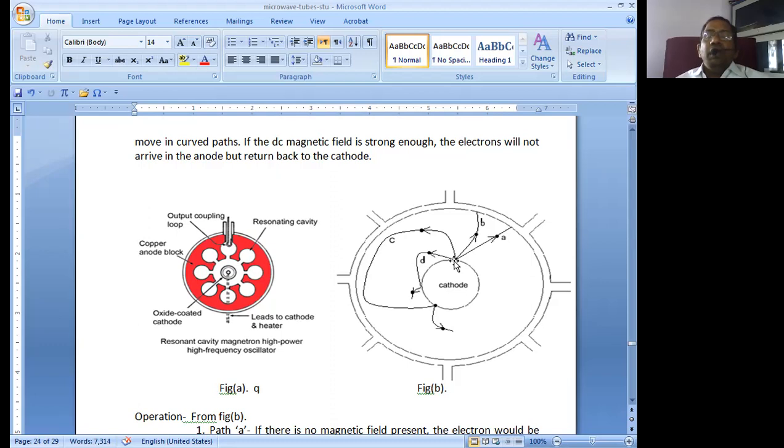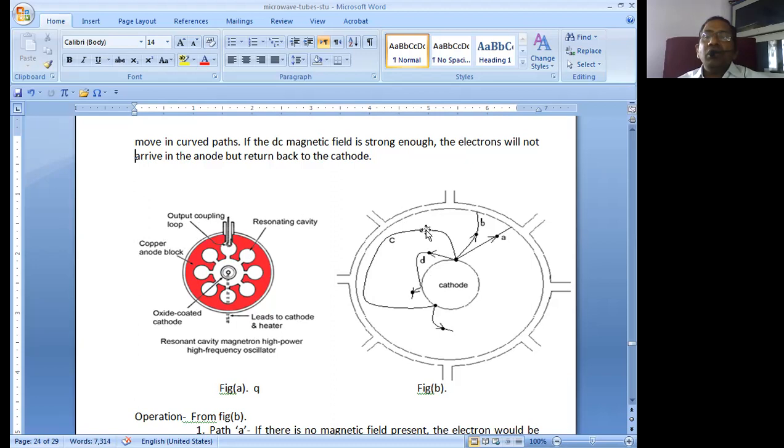Now if we apply a voltage which is much more than the cutoff voltage or the cutoff magnetic field, then these electrons simply reach the cathode immediately after some time without going near the anode. What we have to do is collect the output from one of the cathode ends. An output coupling loop is there, which is connected to one of them.